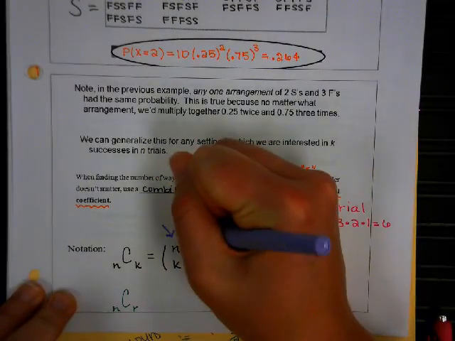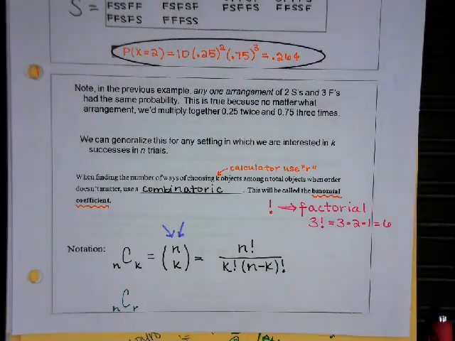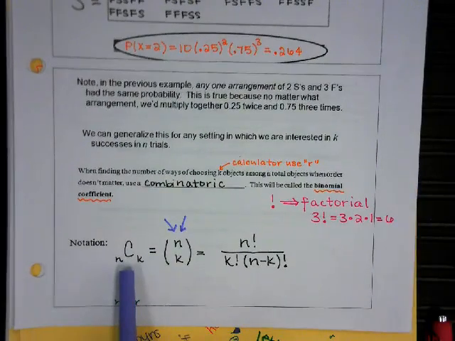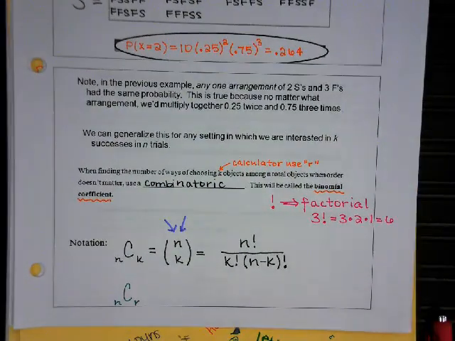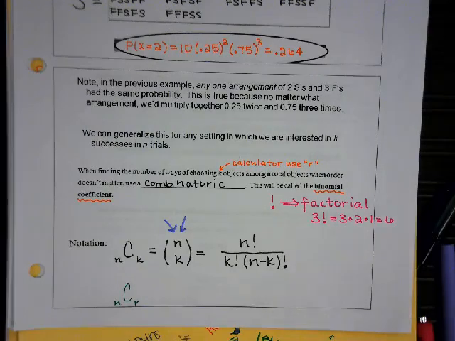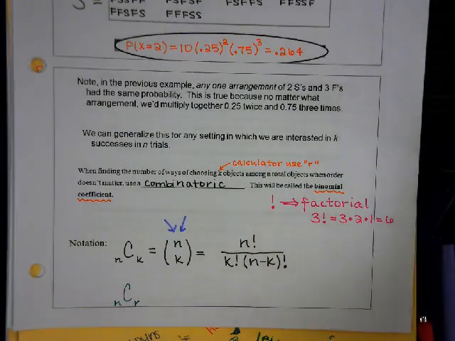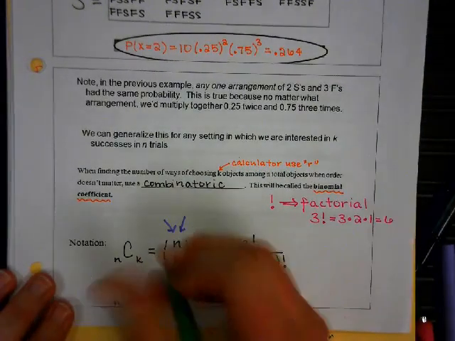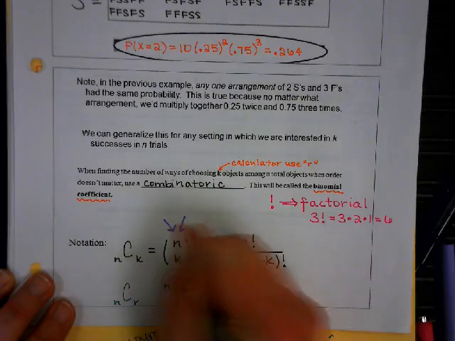All right, so just for the sake of using the combinatoric in the calculator for the first time, we're going to work with the previous example. n was the number of trials, so we were looking at a couple who had 5 kids. And then r, or k, is the number of successes you want.